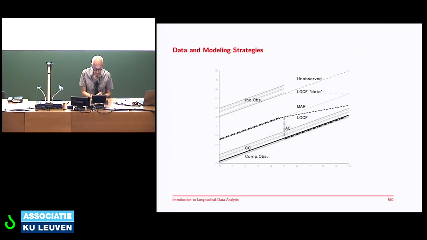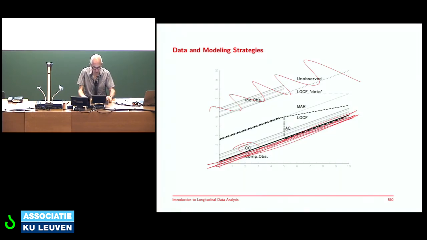If you do a complete case analysis, you throw away everything at the top, CC here, and you calculate the mean just from the bottom profiles. In this case, it tells us you're completely in the wrong location. In another data set, you can be in the wrong location, you can be completely wrong, incorrect regarding the slope, all sorts of features may go wrong.